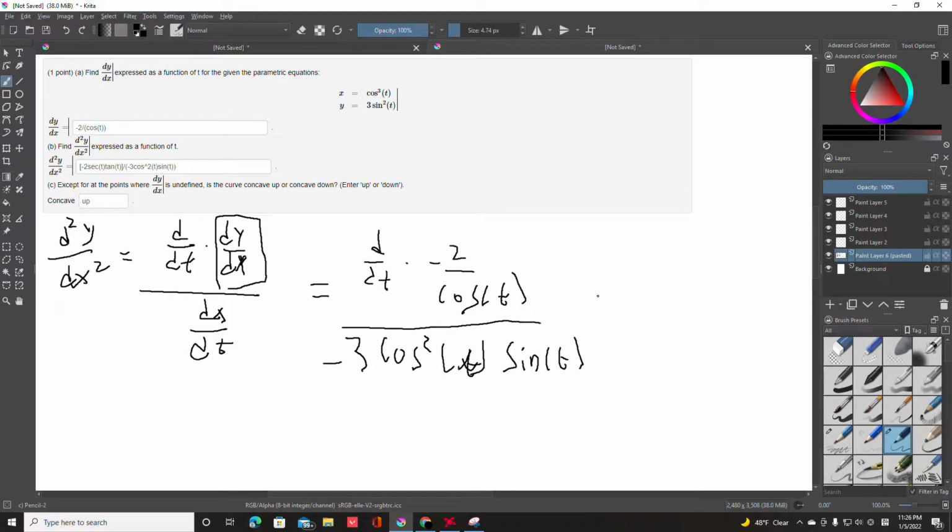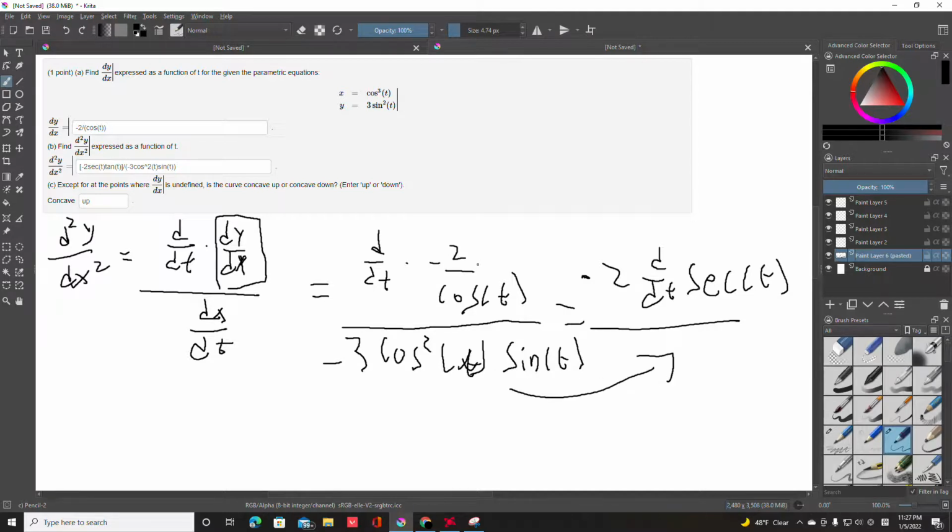Now we take the derivative of negative 2 over cosine of t. This is pretty easy because it is just negative 2 d over dt of secant, because 1 over cosine of t is secant. The derivative of secant of t is secant of t times tangent of t, multiplied by negative 2.